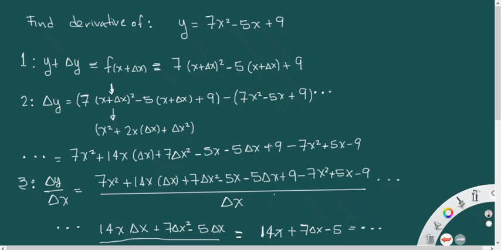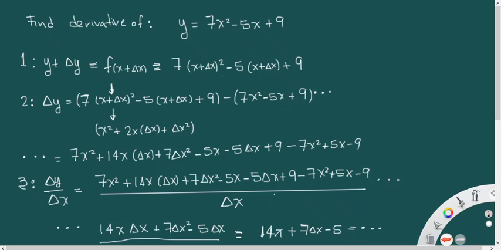Then this is minus 7x squared, which is this one over here, and breaking up the parentheses, this is minus 7x squared, and minus by minus is plus, so this becomes positive plus 5x, and this becomes negative, minus 9.